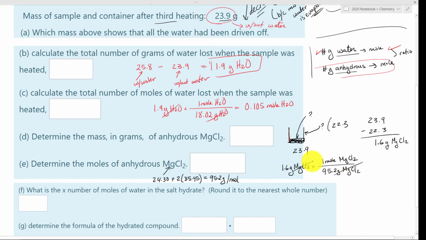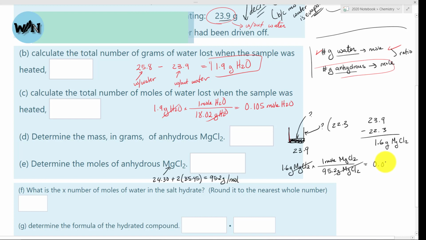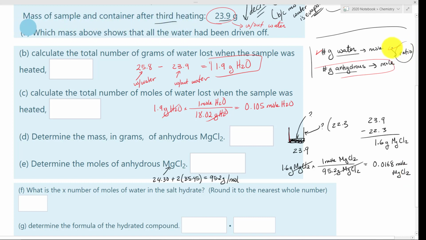Look at that. That cancels out, and we plug in our calculator. That turned out to be what? It turned out to be 0.0168 mole of MgCl2.